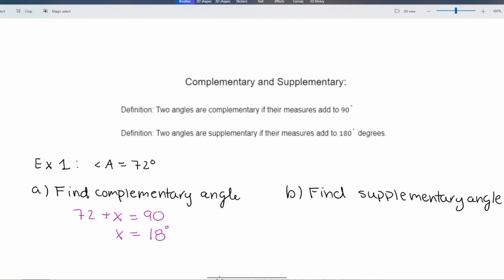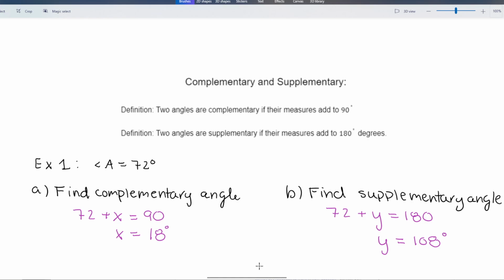Similar for the supplementary angle, our known angle 72 and our unknown supplementary angle y are going to add to 180 degrees. We would subtract 72 from both sides, and that is going to leave us with 108 degrees. So that's the basics of finding complementary and supplementary angles.